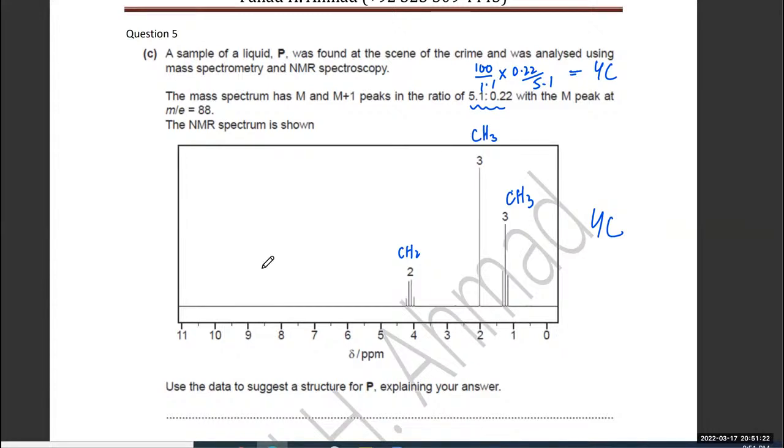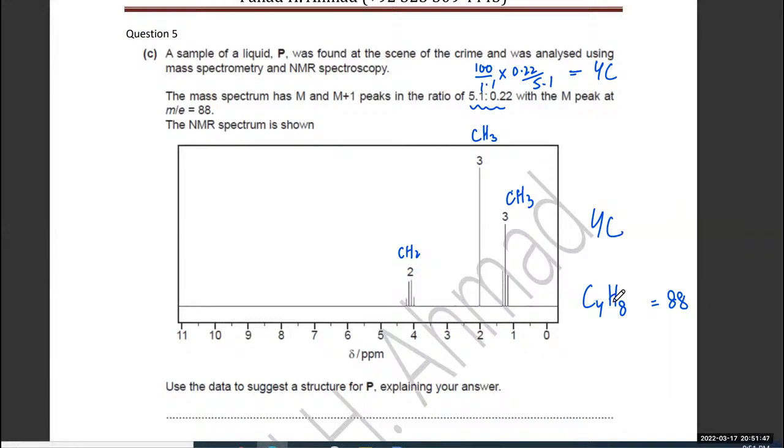Now, based on this, I know that it's got 2 hydrogens, 3 hydrogens, and 3. So that would be C4. How many hydrogens? That's 8, right? And the total should be equal to 88, right? That's given. So what is missing here? What's C4? That's 12 into 4. That's 48 plus 8.